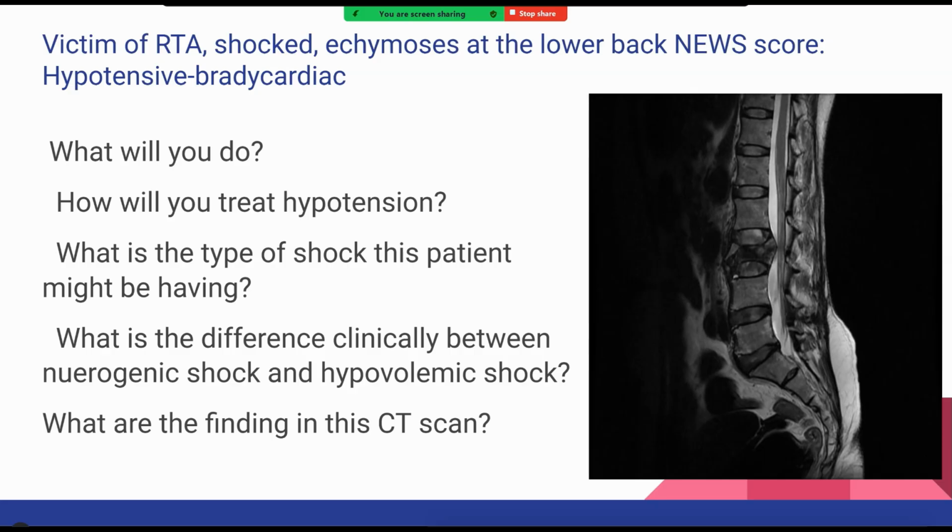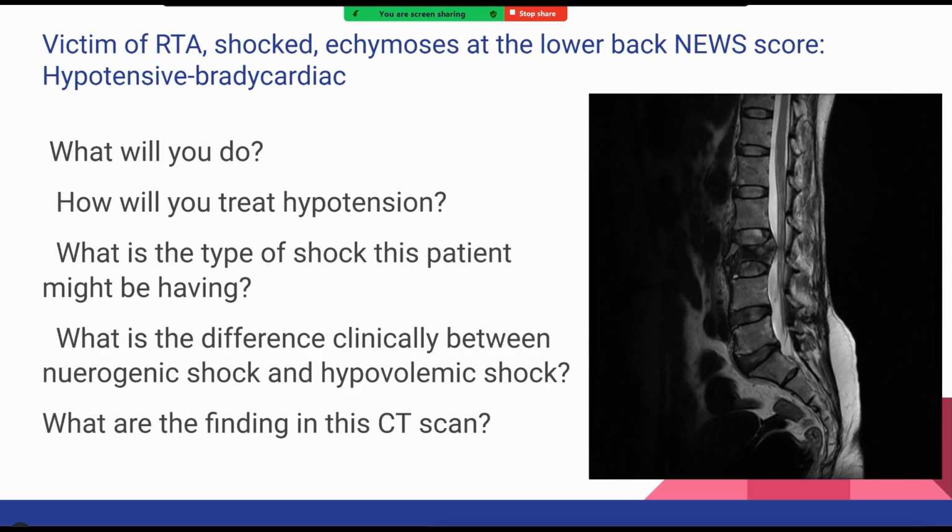In hypovolemic shock, it's a shock that results from fluid loss or blood loss. While in neurogenic shock, it's a shock that results not from fluid loss, but from loss of vascular tone.